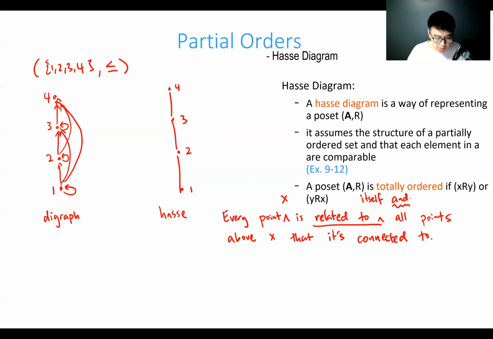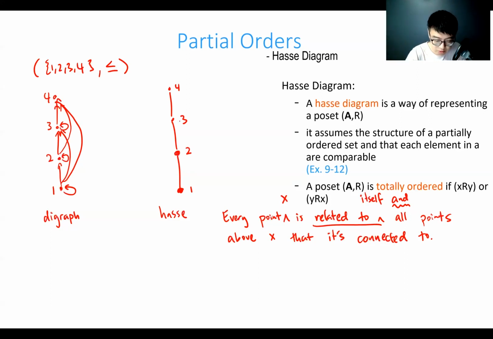So what do I mean by this? If I take a look at the number 1, what is 1 related to in this relation? Let's pretend you don't even know what this relation is, so I don't know that it's a less than or equal to relation. What is 1 related to? According to this definition of the Hasse diagram, 1 is related to itself, and it is related to all the points above it that it's connected to.